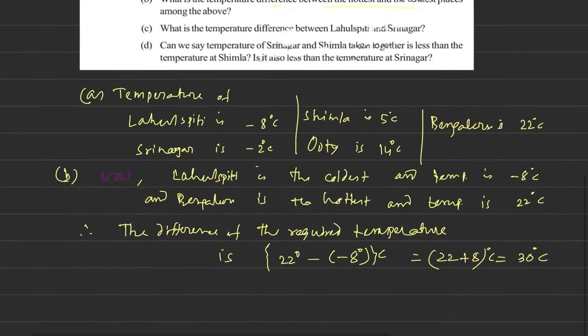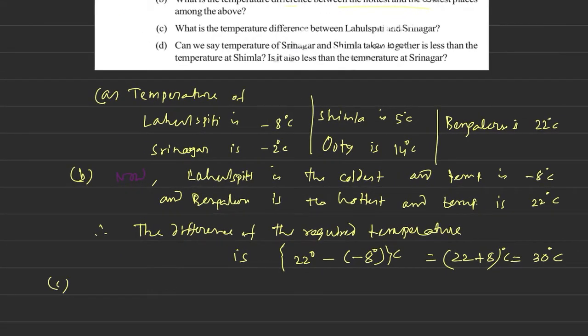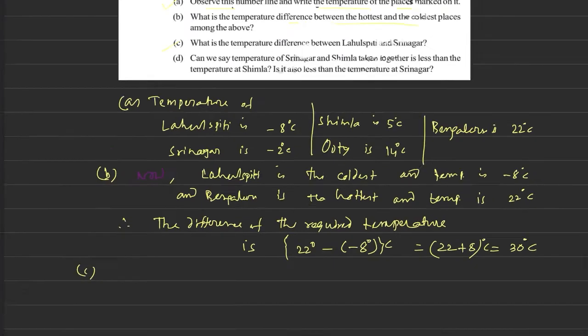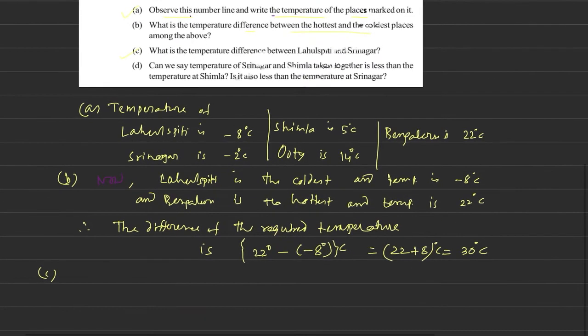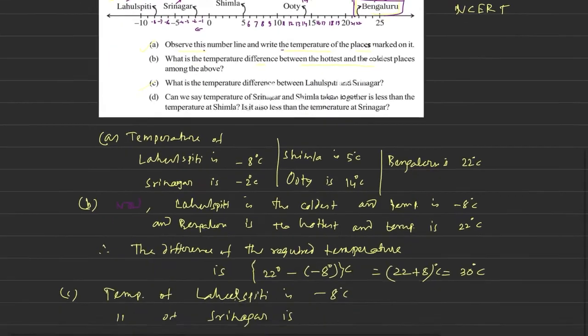And next, question C. What is the temperature difference between Lahaul Spiti and Srinagar? Look at this carefully. The temperature of Lahaul Spiti is minus 8 degrees centigrade and the temperature of Srinagar is minus 2 degrees centigrade.